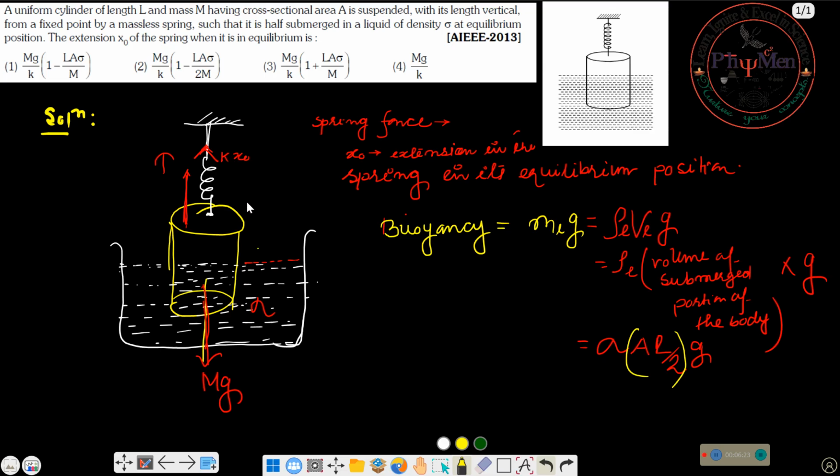Now at equilibrium, the upward force will be equal to the downward force.